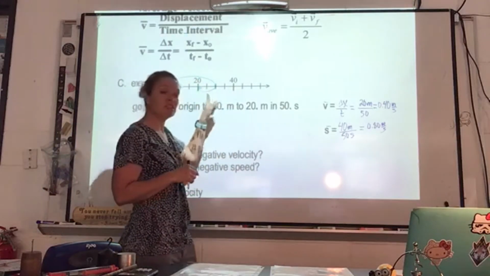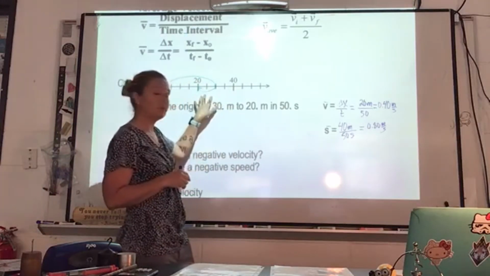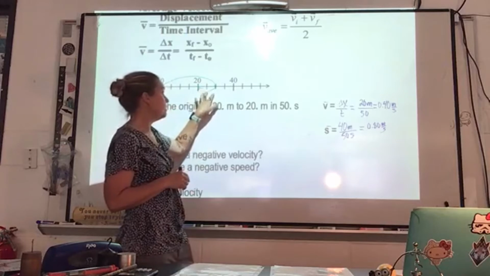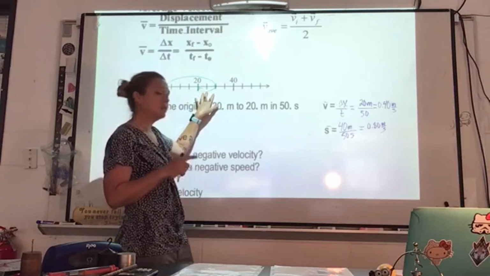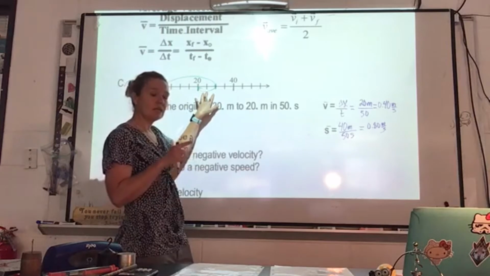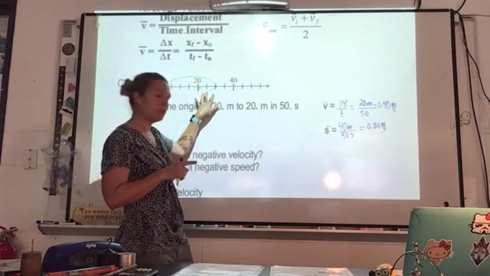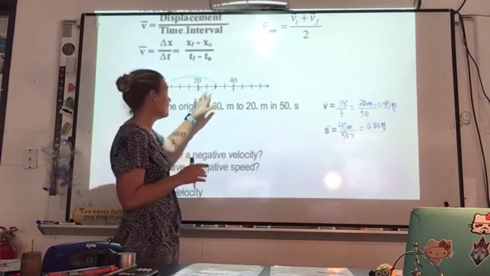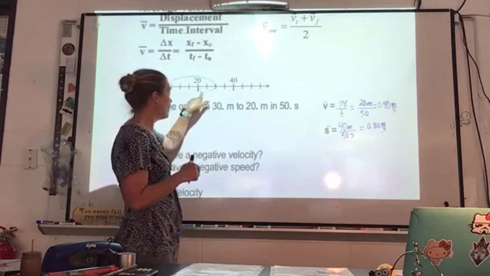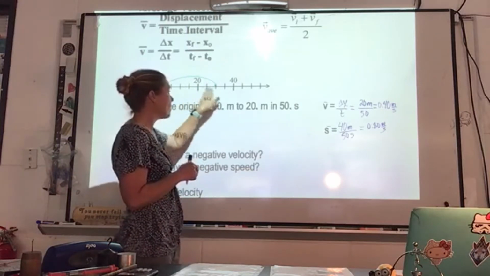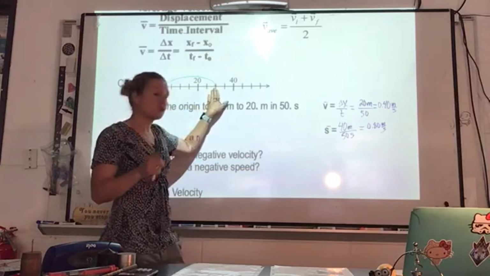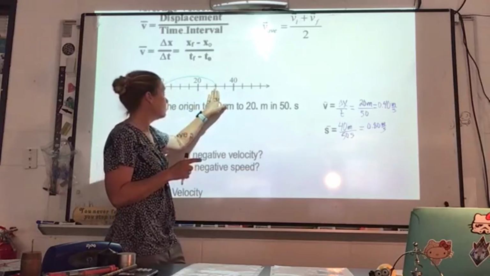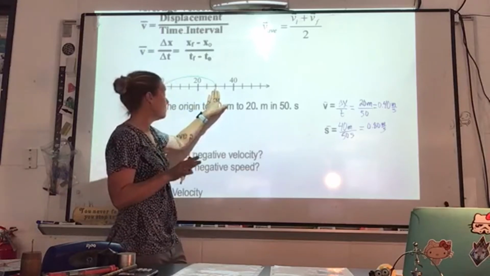What did I do here in this picture that made them not the same and made my distance traveled not the same as my distance from my starting point? Pretty much that's what I'm saying. And that was this thing right here. I turned around. If I didn't turn around, we would have been set.